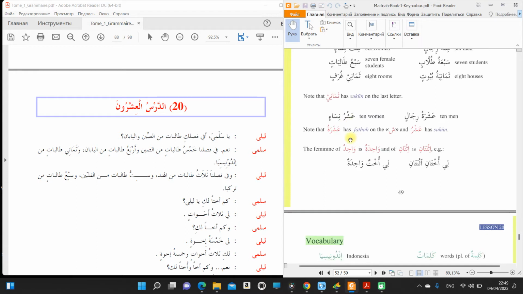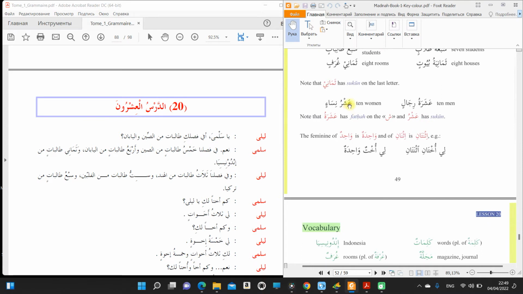It took me a while when I was learning this to get used to this sukun. I was always tempted to say عشر with fatha, but this is sukun, and I remember my teacher used to correct me every time I was saying it. It's sukun, not fatha, when the ma'dud is feminine. So yeah, that's how it is. Note that عشرة has fatha on the shin and عشر has sukun on the shin.